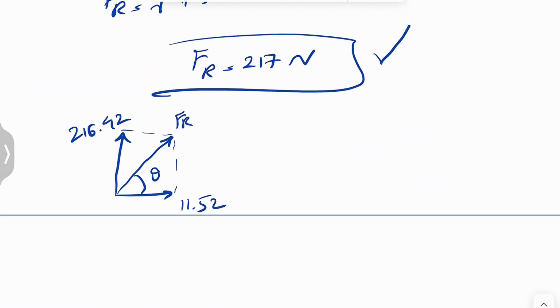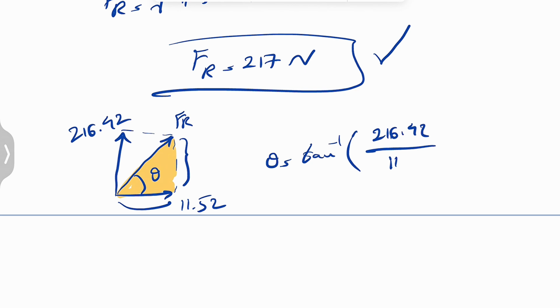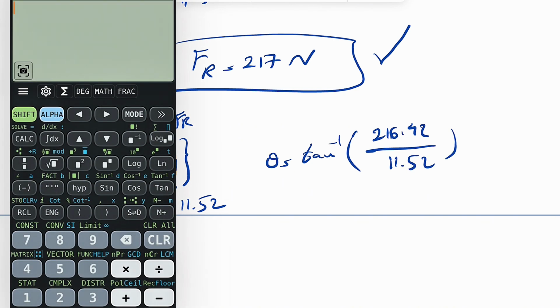So for finding the angle theta, basically we look at this right triangle here. If we want to find theta, we just have to do tangent inverse of the opposite, which is 216.42, divided by the adjacent, 11.52, and that's going to give us the angle that we're looking for.